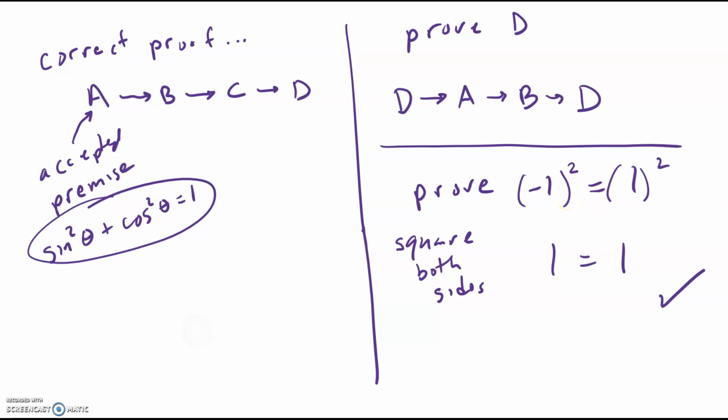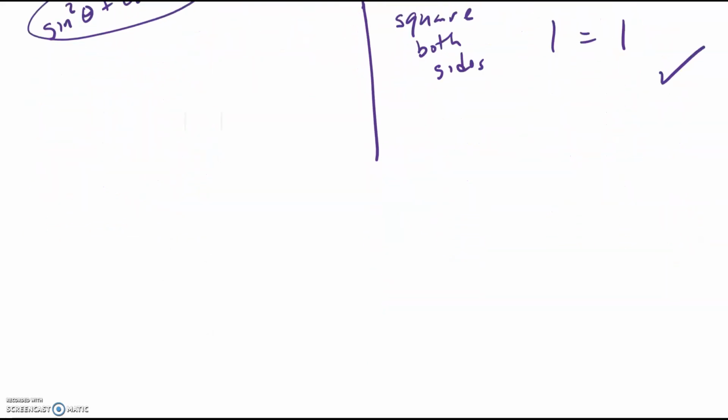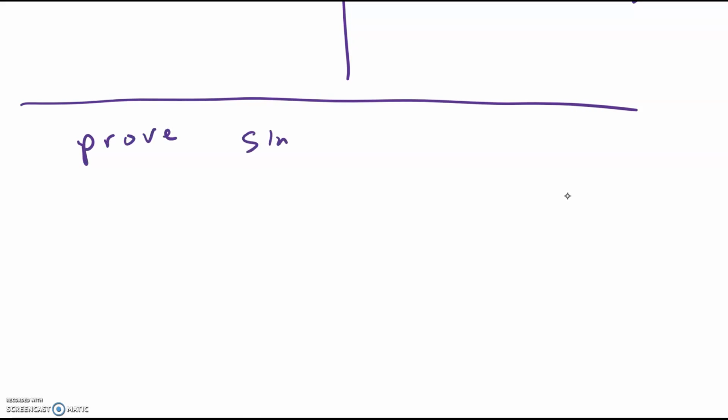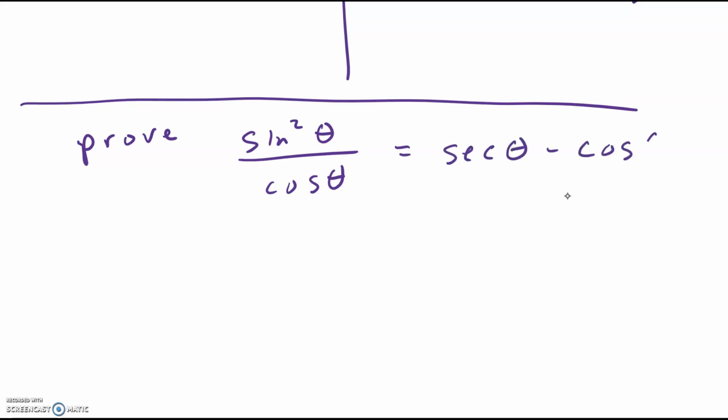Let me show you an example in trigonometry where this danger of using circular reasoning can come in. Let's say you want to prove that sine squared of theta divided by cosine of theta is equal to secant theta minus cosine theta.